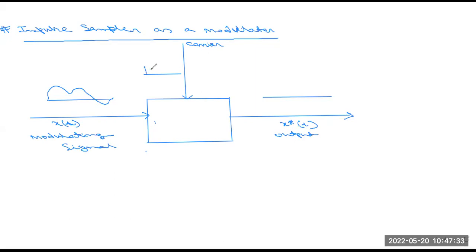This is basically the diagram of the carrier input signal. And this is expressed with delta T with respect to time. This is the modulator.